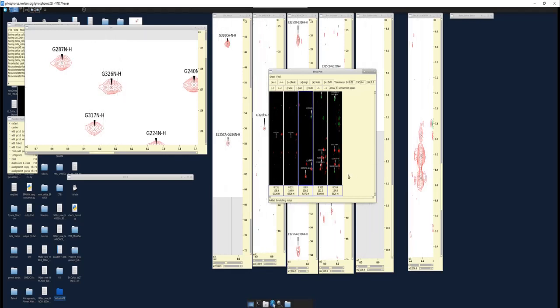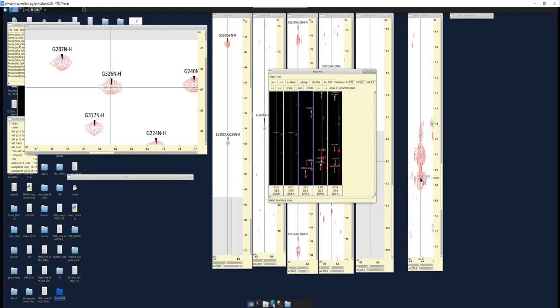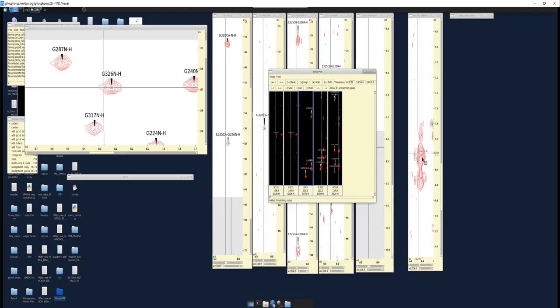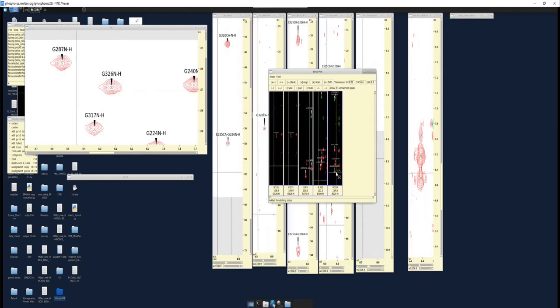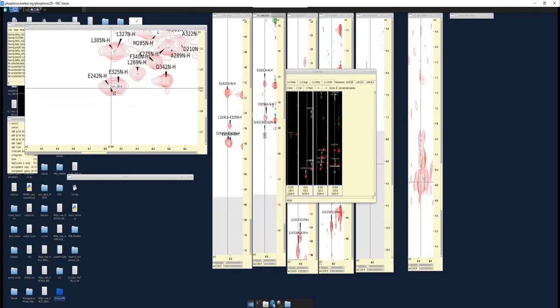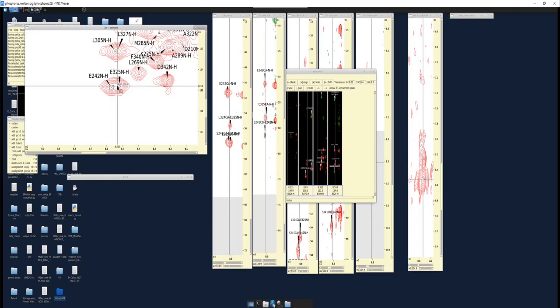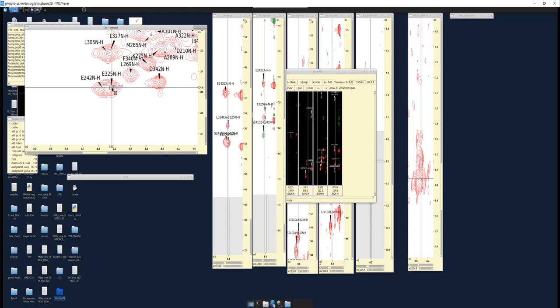Now, as I stated, they should be connected. So whatever amide peak this is, you should also see the hydrogen of the amide of this glycine peak we're looking at. So let's go to this peak over here, right? Our strip plot has told us, based off the C alpha, C beta, that this is one of the matches.